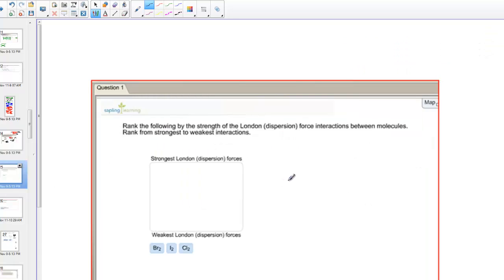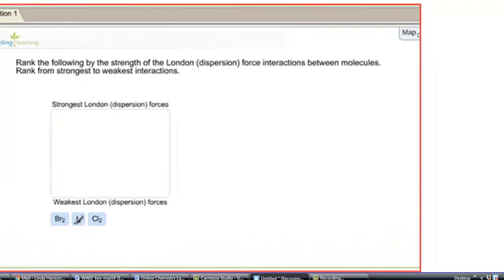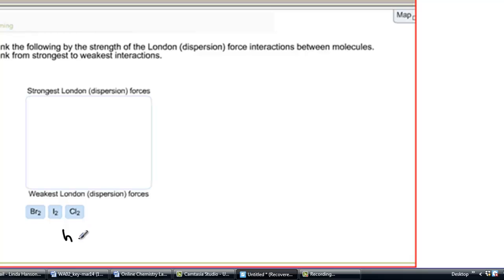Rank the following by strength of dispersion force interactions between molecules. Rank them from the weakest to the strongest. The 3 that were given happen to be halogens, and the halogens come from group 7A on our periodic table. So on your group 7A, do you see fluorine? Underneath that lives chlorine. Underneath that lives bromine.